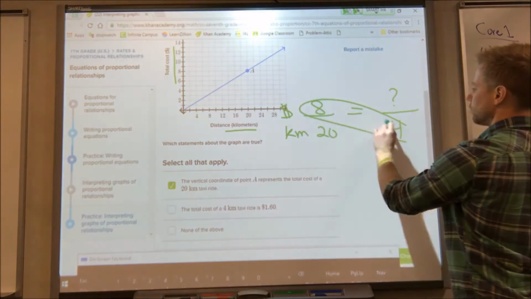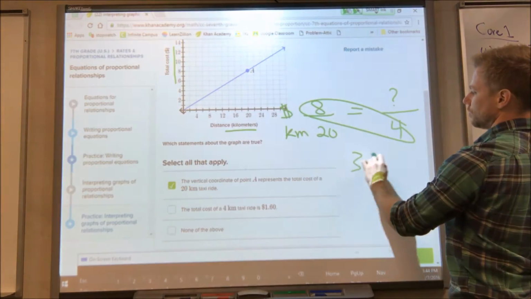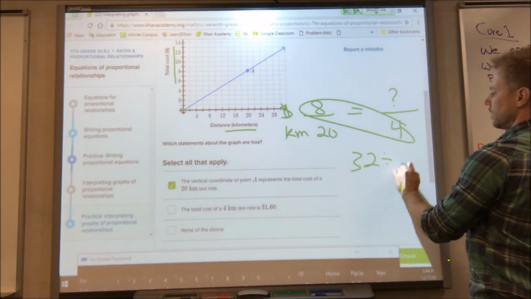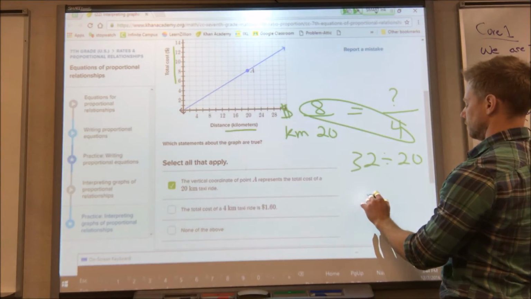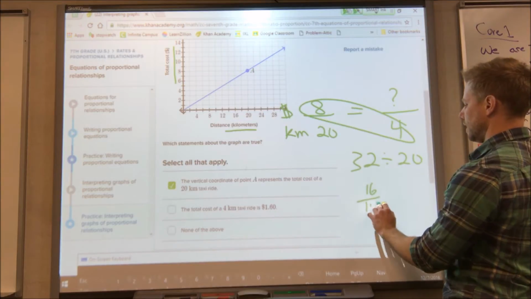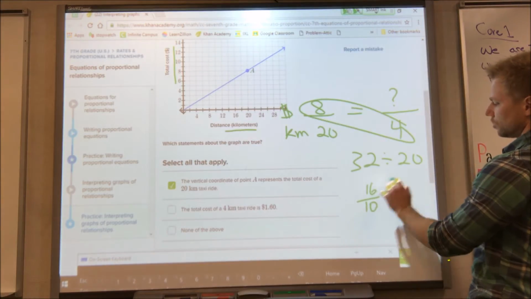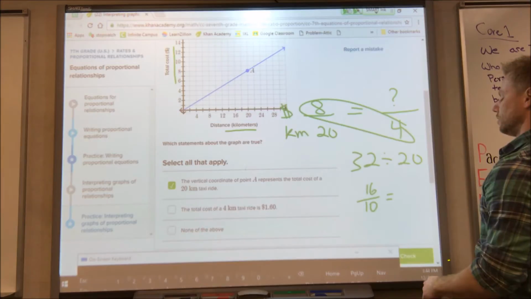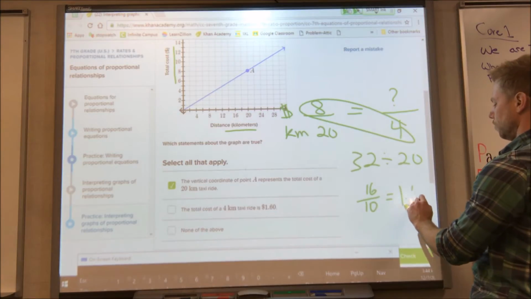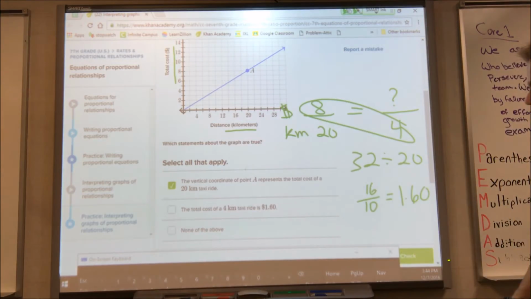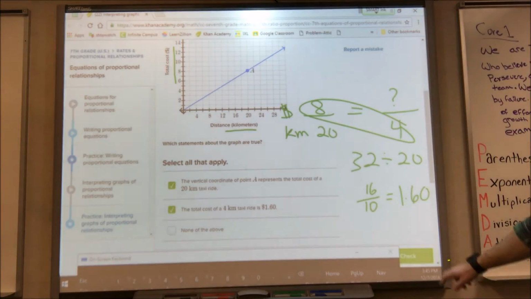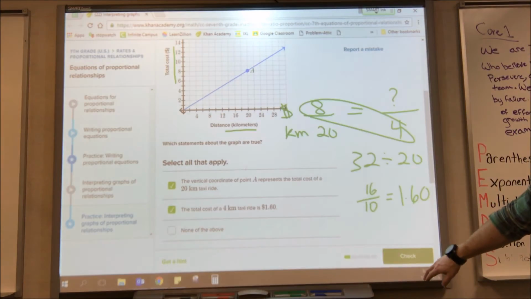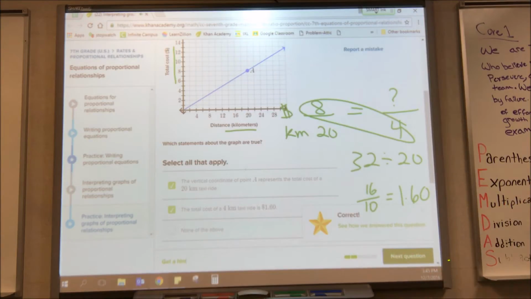So we cross multiply. 8 times 4 is 32, and then we divide by 20, which is 16 over 10, which is 1.60. So yes, it is $1.60 for 4 kilometers, so it would be both of those things.